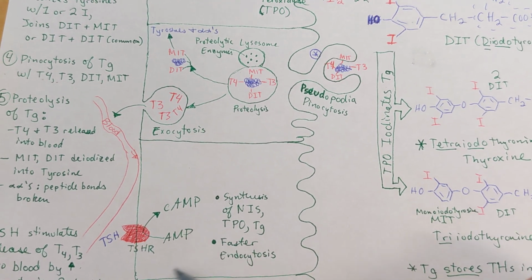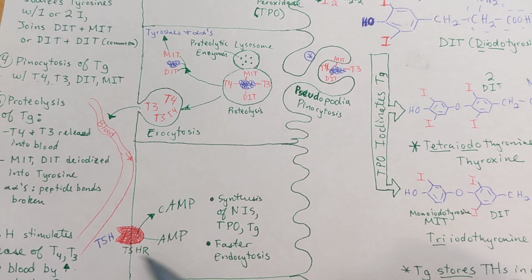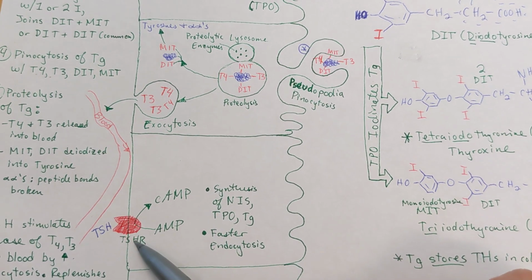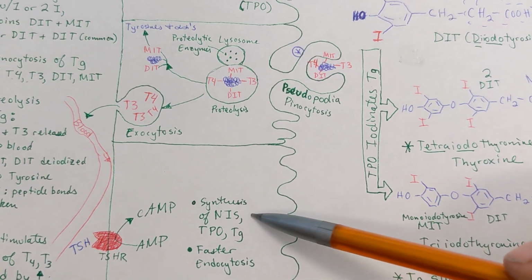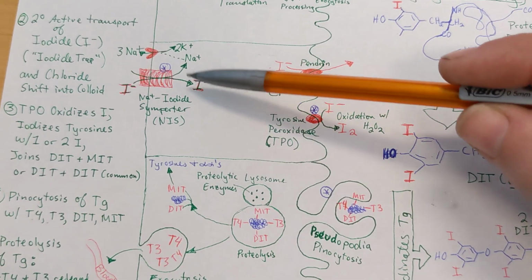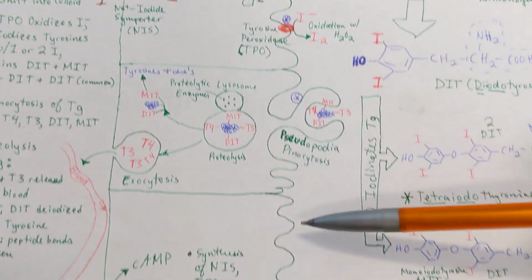TSH is ultimately going to induce a second messenger system, cyclic AMP, and this is just a summary, not showing all of the many details. And so TSH is essentially going to increase the synthesis of sodium iodide importers, so this right here, so increasing the amount of iodine that's being taken in.